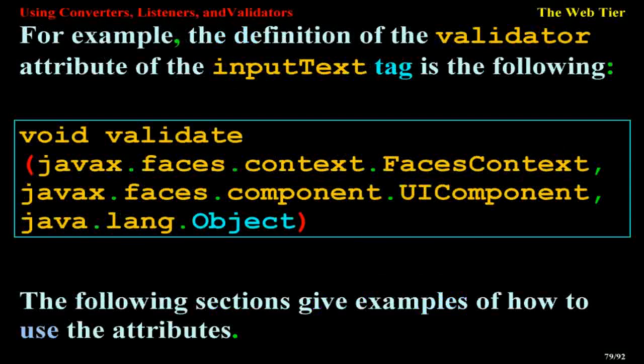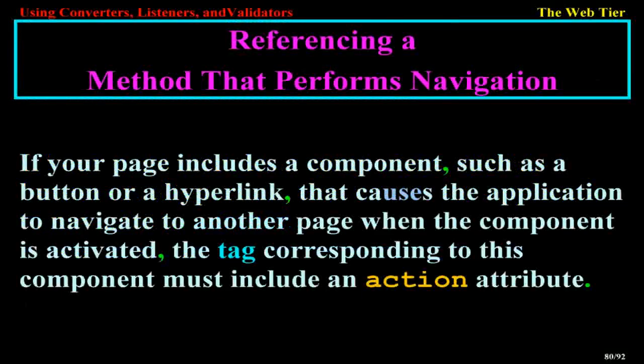void validate(javax.faces.context.FacesContext, javax.faces.component.UIComponent, java.lang.Object). The following sections give examples of how to use the attributes. Referencing a method that performs navigation.